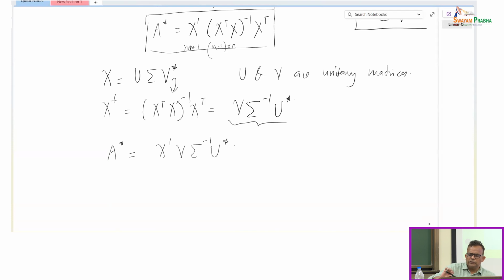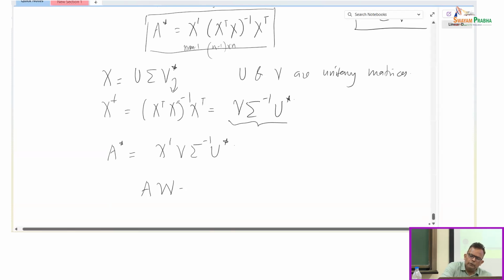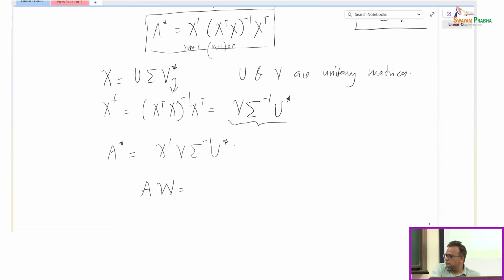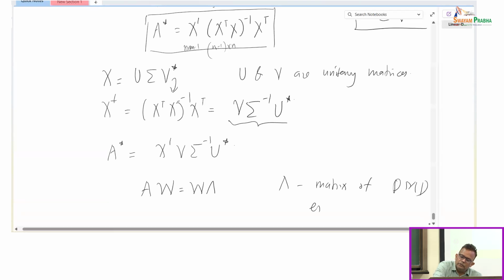Now once you have the A, you can find the eigenvalues and eigenvectors, and the eigenvectors will give you the eigenfunctions. So A W equals W lambda, where lambda will be the DMD eigenvalues.